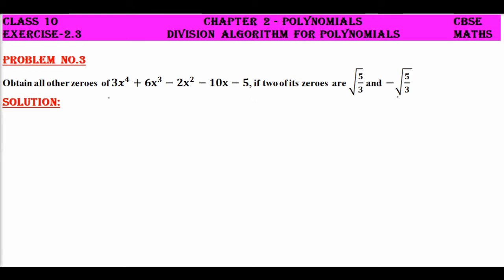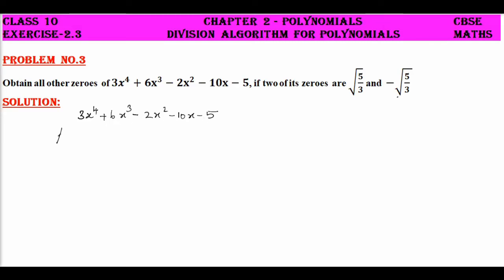Okay, now we are given a polynomial and two of its zeros. So in the question we are given a polynomial 3x^4 + 6x^3 - 2x^2 - 10x - 5. This is our polynomial.